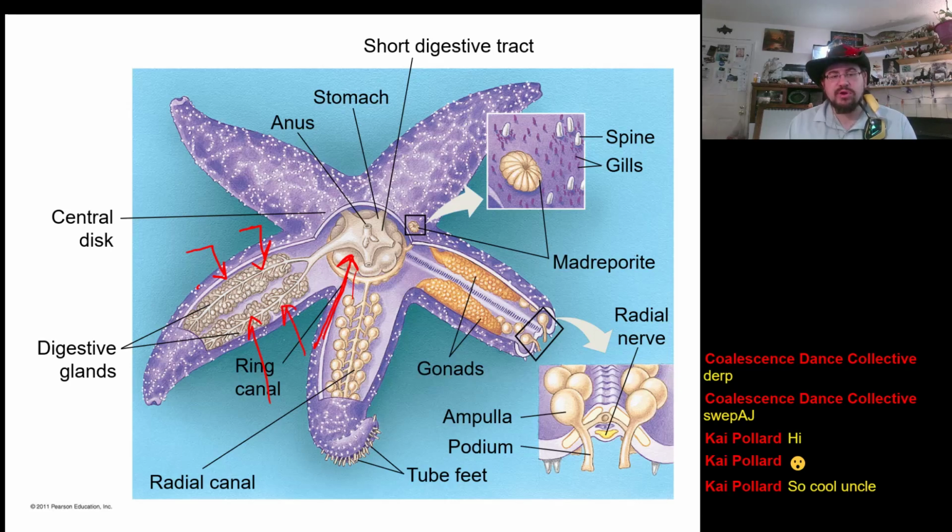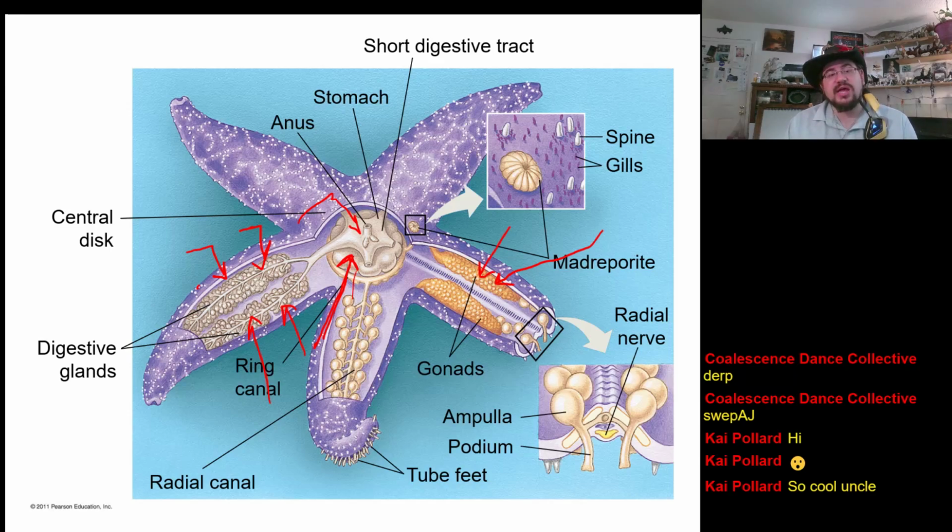So we produce our digestive fluids in the arms and secrete them into the stomach. Sexual reproduction structures are also located in the arms.